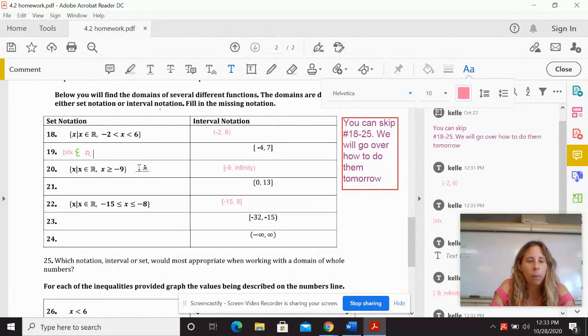So it's an element of all real numbers between -4 and 7.